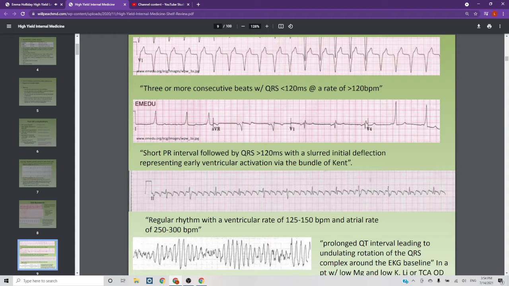So super important. How do we treat WPW? The drug of choice was important on Step 1. It's important for the medicine shelf. Procainamide, very good. Procainamide is the drug of choice for WPW. Even more importantly, what are you not going to give these patients? What medications are contraindicated in WPW?